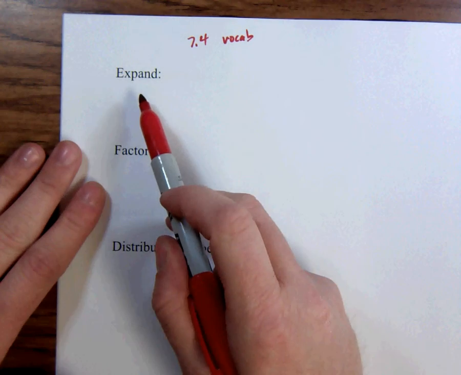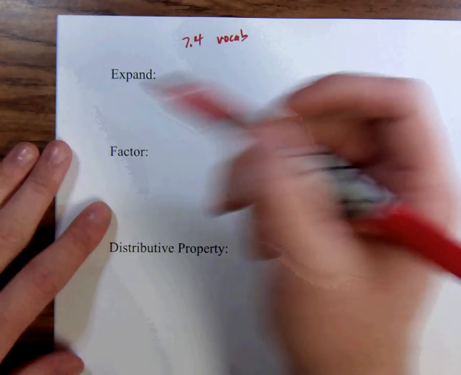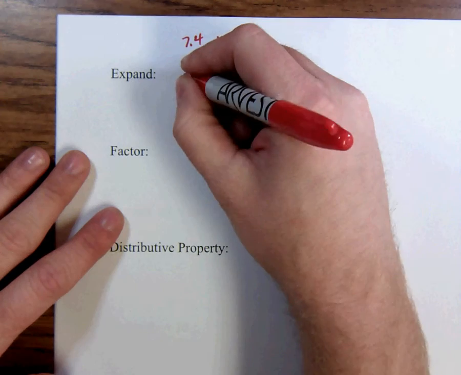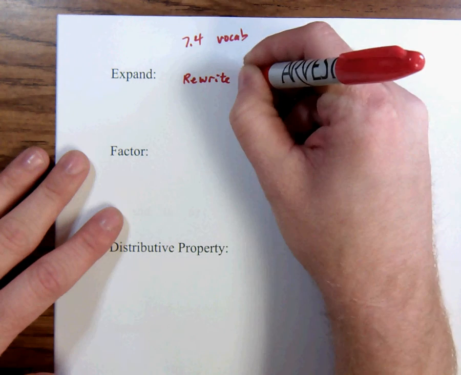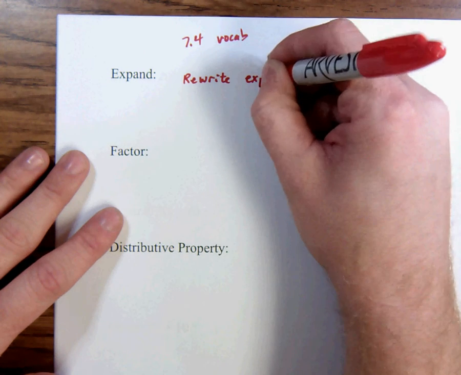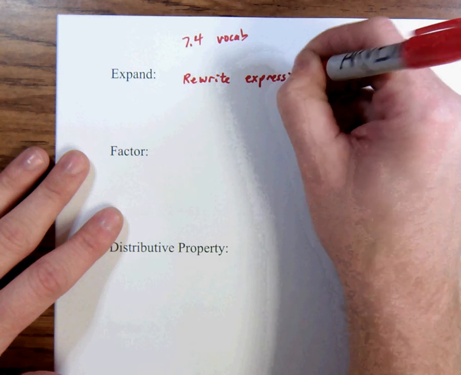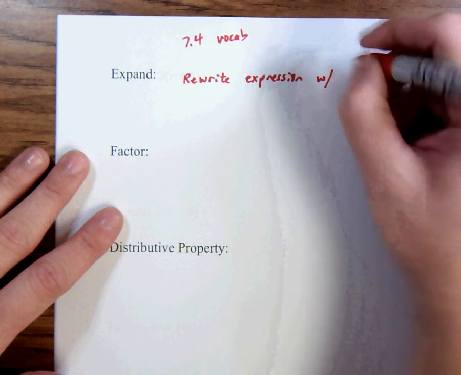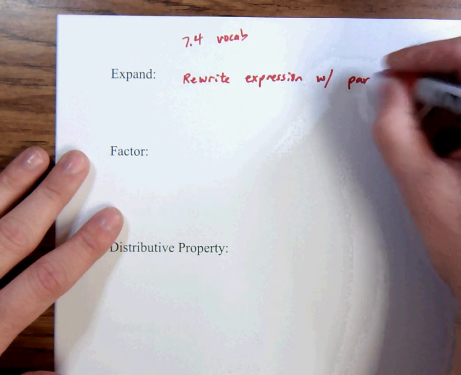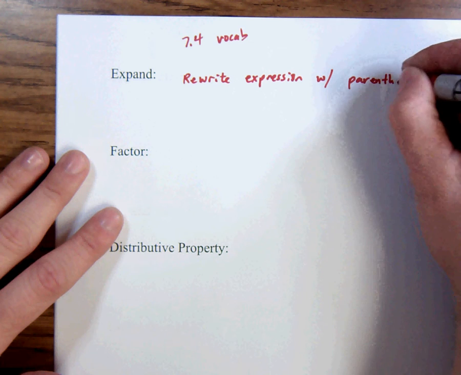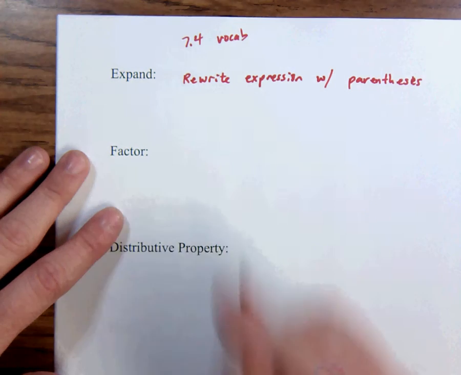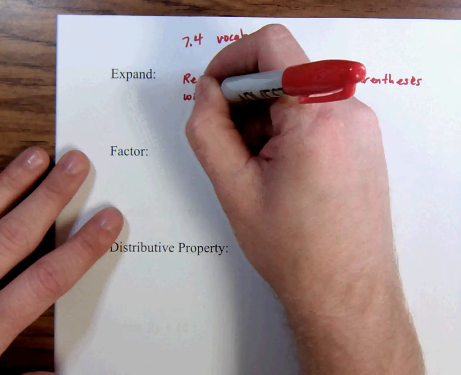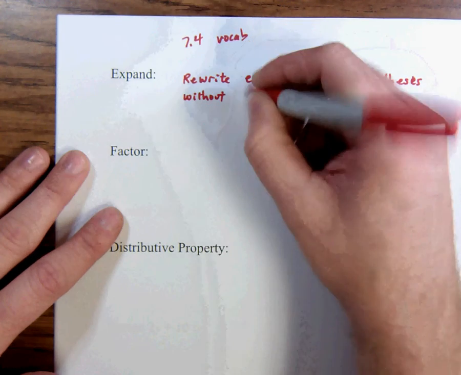So expanding is if given an expression that has parentheses, we're going to rewrite it. Rewrite an expression with parentheses without parentheses.